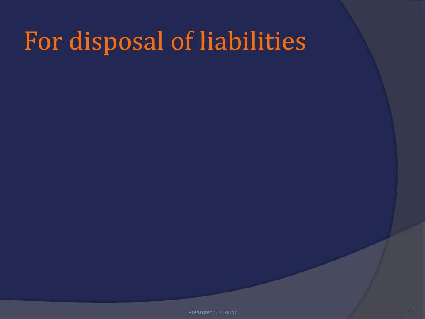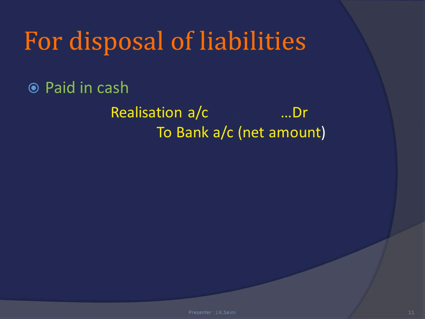Suppose all the assets have been sold, and the liabilities, as and when they are paid, will be recorded in realization account, paid in cash. Realization account will be debited and bank account credited. Notice that the actual amount paid is recorded. Similarly, as the assets were sold, at whatever price they were sold, they are recorded at the sale price.